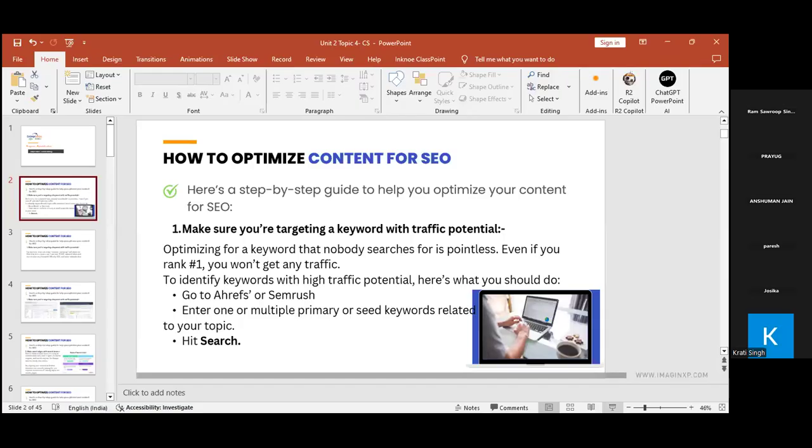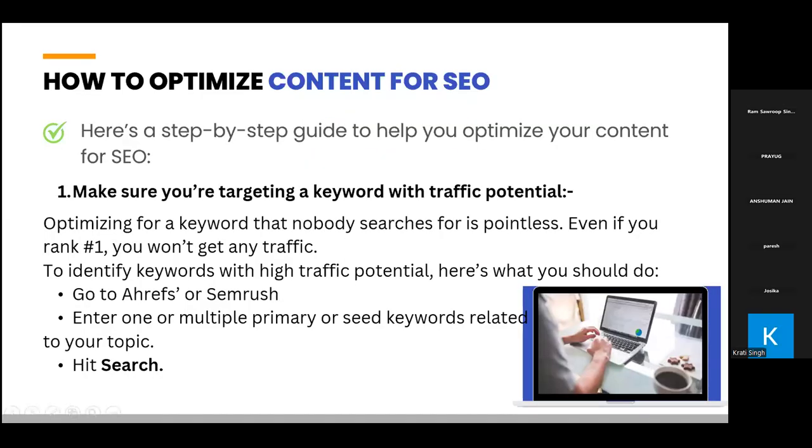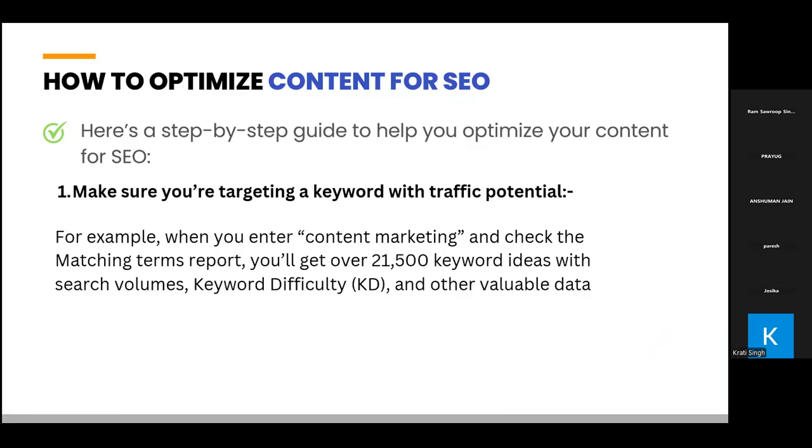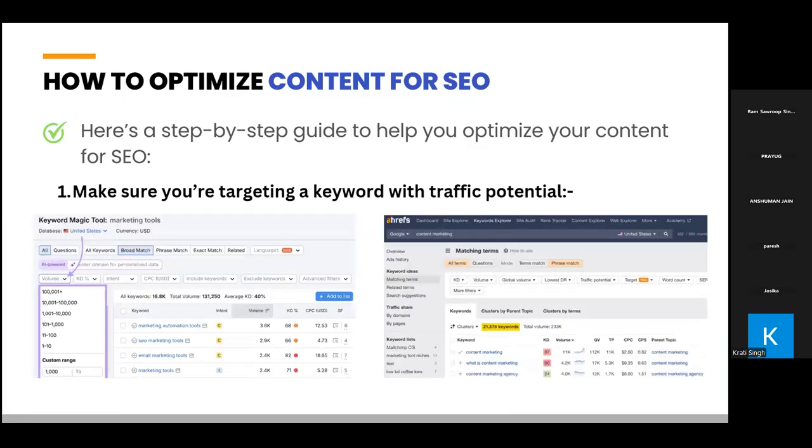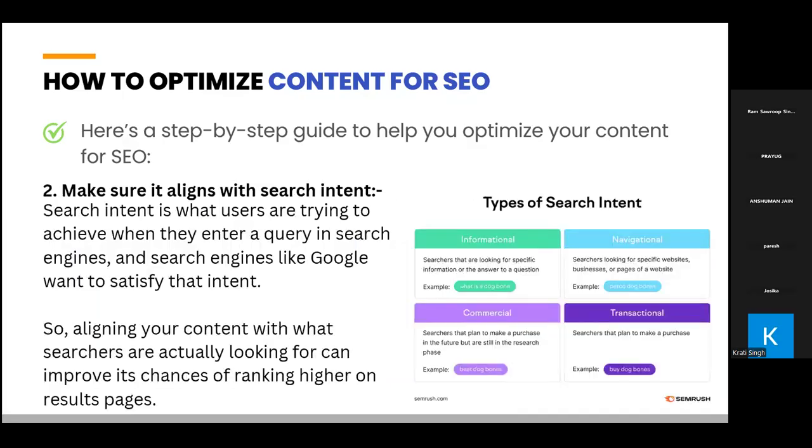Okay. So first of all, make sure you are targeting a keyword with traffic potential, that I have already told you, a keyword that has good traffic and low competition or low keyword difficulty. You can use tools like SEMrush and Ahrefs.